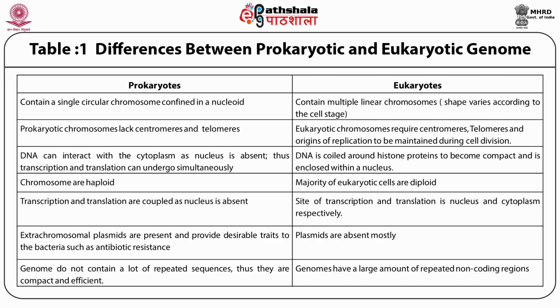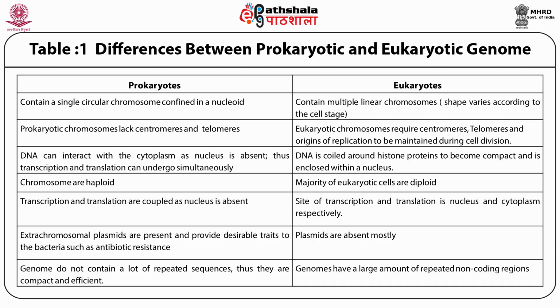Eukaryotic chromosomes require centromeres, telomeres, and origins of replication to be maintained during cell division. Prokaryotic DNA can interact with the cytoplasm as the nucleus is absent, thus transcription and translation can occur simultaneously.